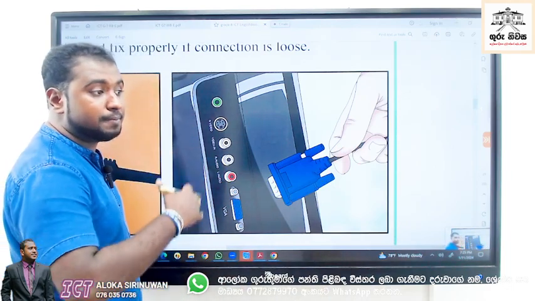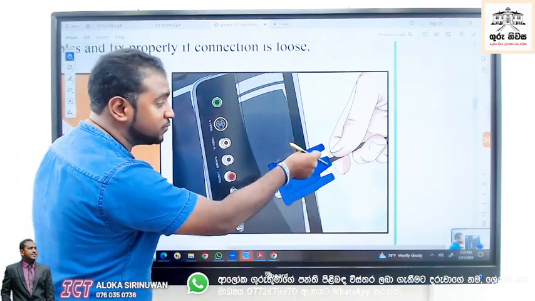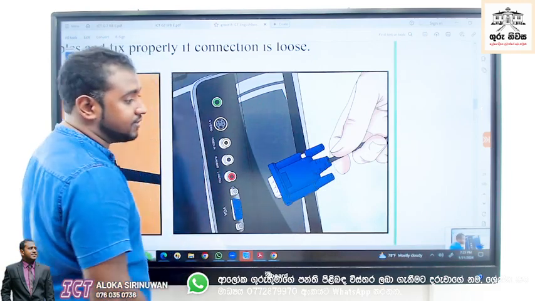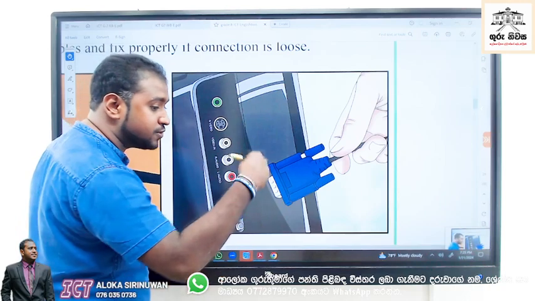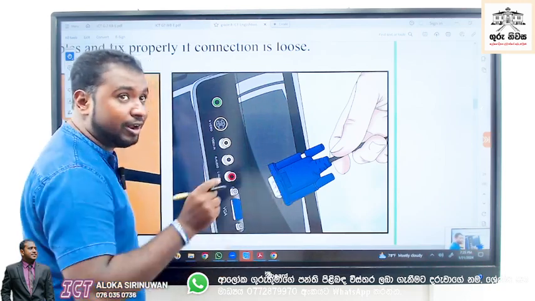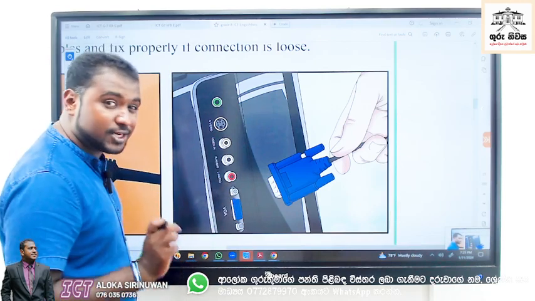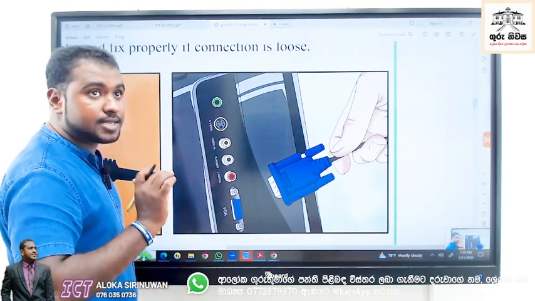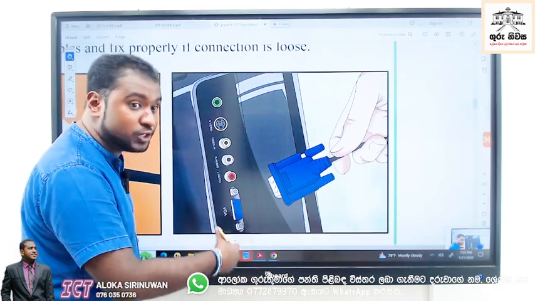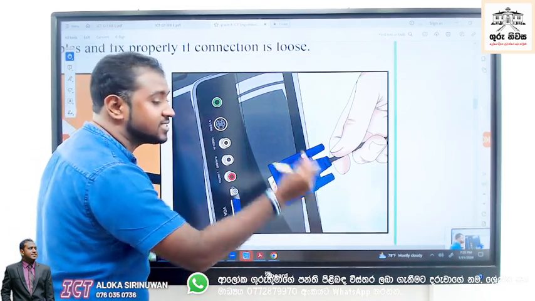To avoid unplugging automatically, you should adjust those nuts firmly and tighten perfectly using any kind of tools. If it is difficult to do by your fingers, you have to use a little screwdriver. There are screwdrivers created for special purposes. You can purchase them and use them to fix.